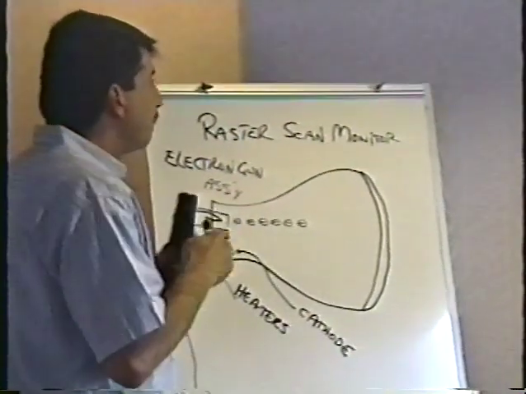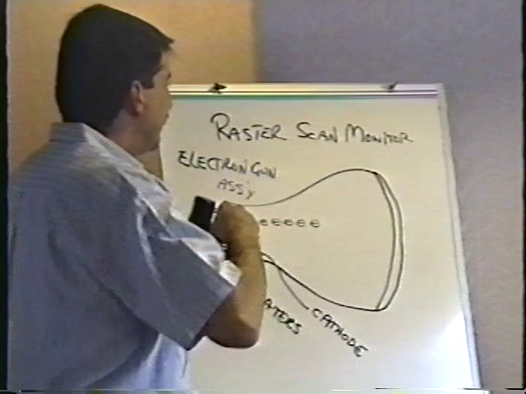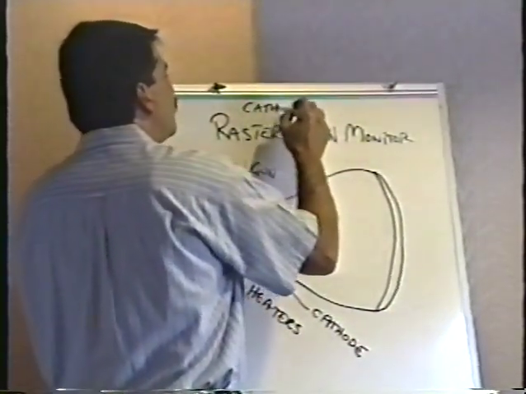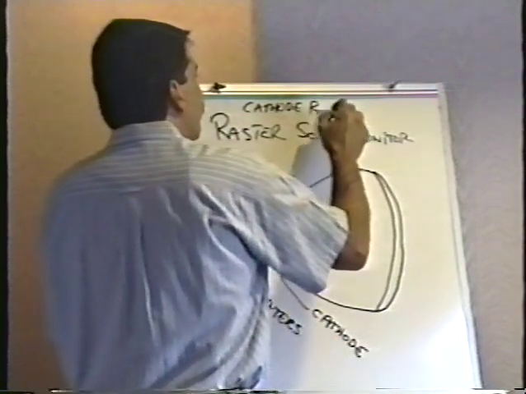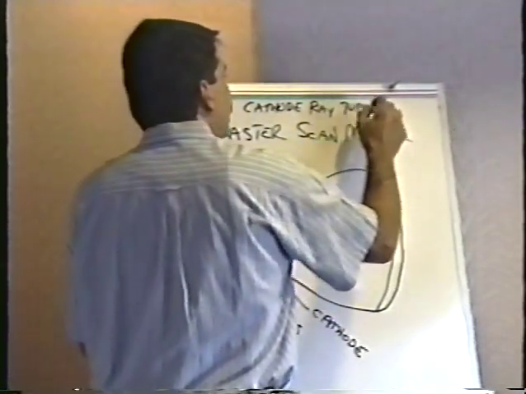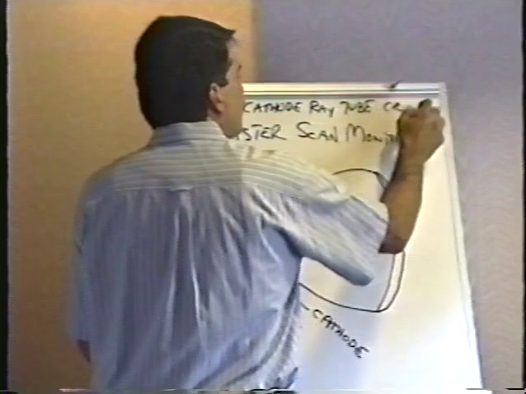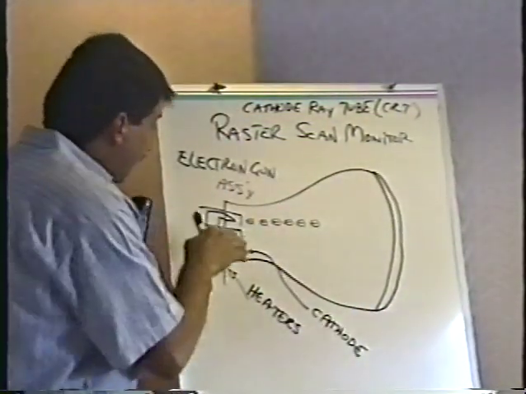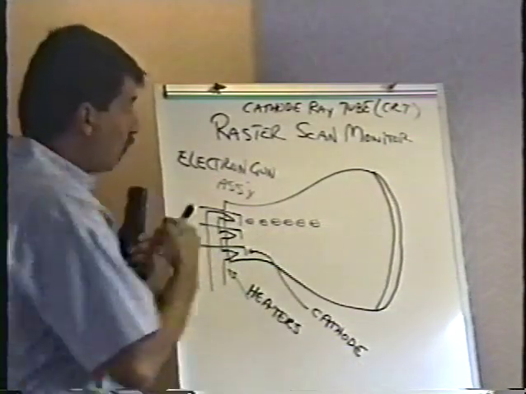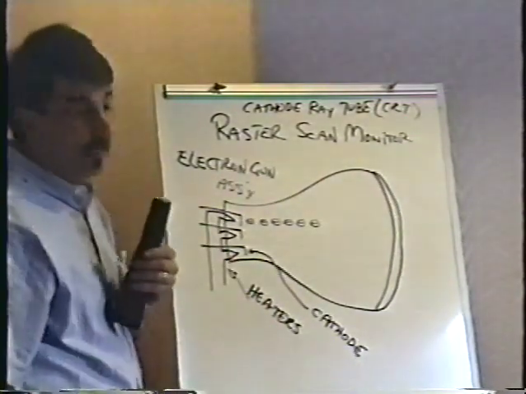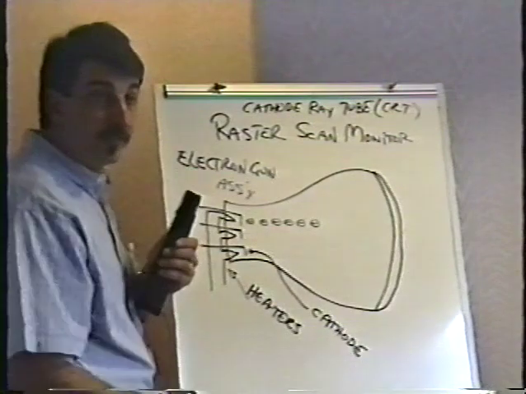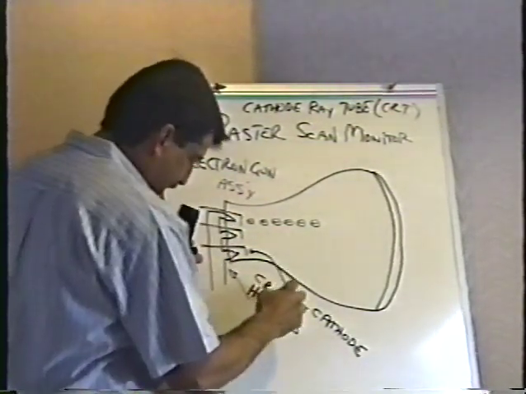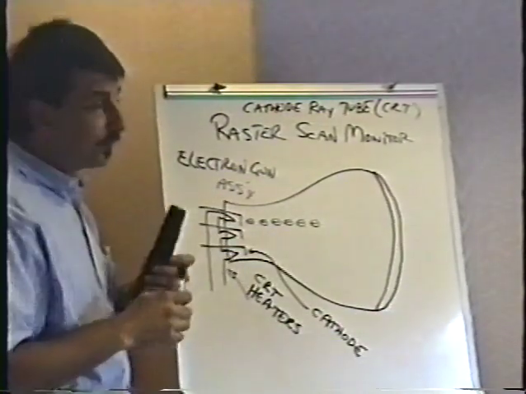And in fact, the picture tube itself is referred to as the cathode ray tube, or CRT for short. Cathode ray tube because the cathode is the thing that's emitting a ray of electrons, or a beam of electrons, and it is a vacuum tube. So these heaters are actually called the CRT heaters, the picture tube heaters.